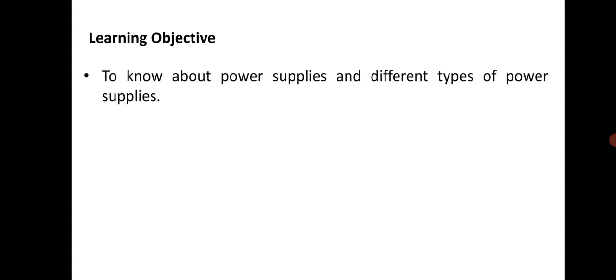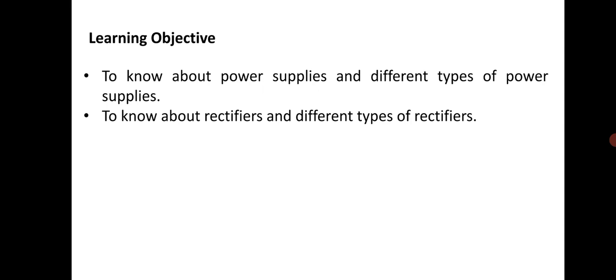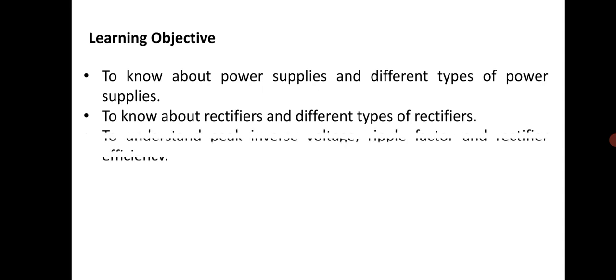The learning objectives of this session are to know about the power supplies and the different types of power supplies, to know about the rectifiers and different types of rectifiers, to understand peak inverse voltage, ripple factor, and the rectifier efficiency.